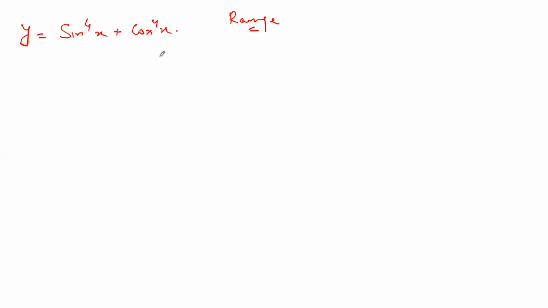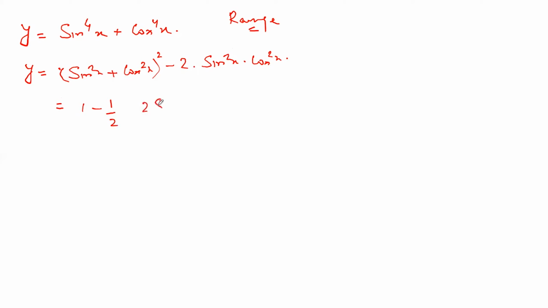See, y is equal to sine square x plus cos square x the whole square minus 2 into sine square x into cos square x. This is 1 minus, multiplying and dividing by 2, 2 sine x cos x the whole square.